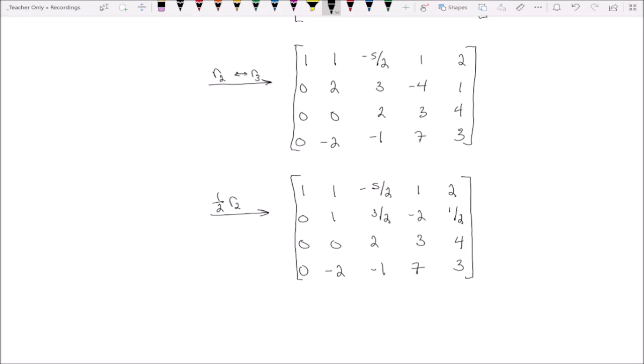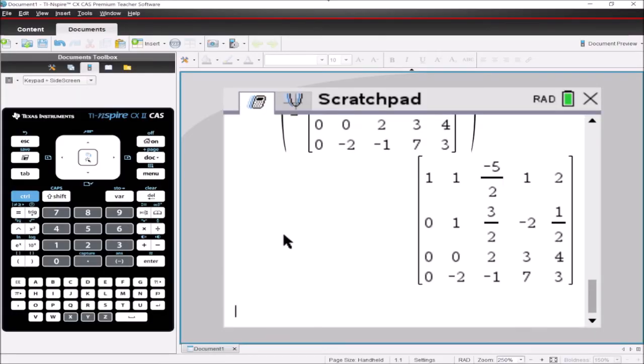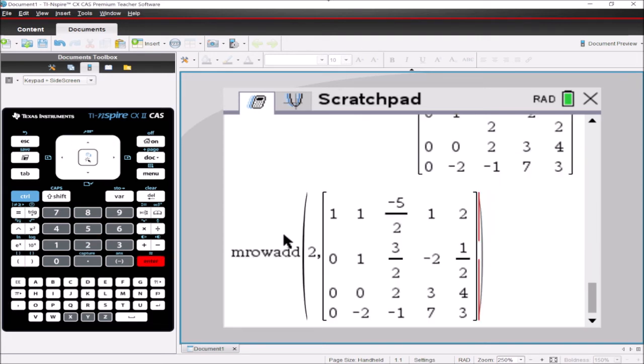Now we want to make that -2 in row 4 a 0. How can we do that? Take 2 times row 2 and add it to row 4. The command was m row add. It's 2, the matrix.